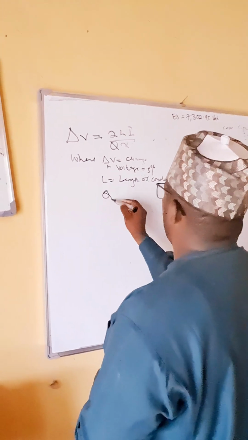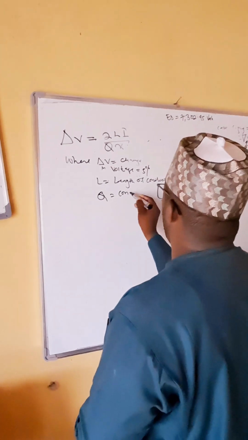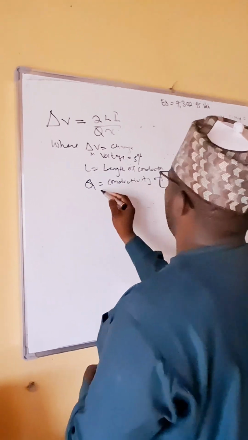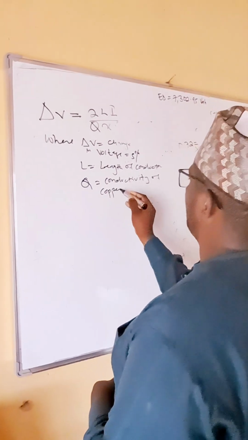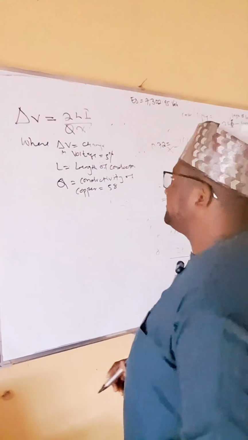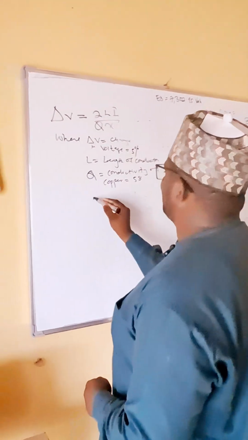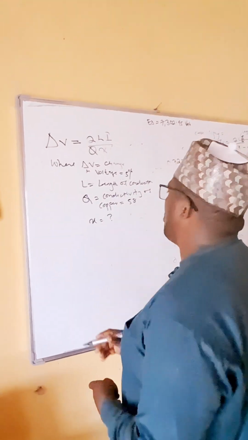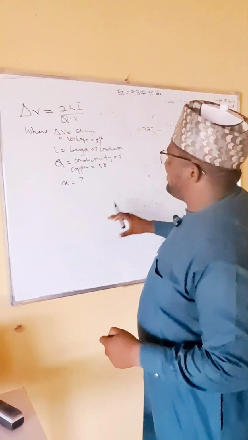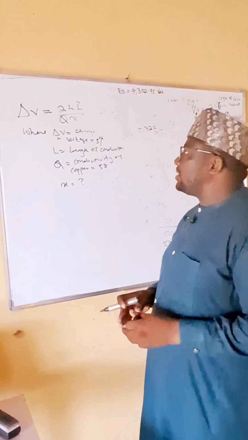And Q is the conductivity of copper, which is 58 and is constant. And then x is the unknown. All right. So all the parameters are now defined.